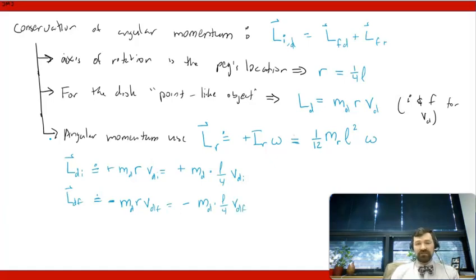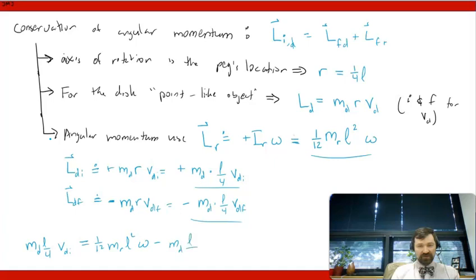Now let's put this equation and this equation together. What we end up with is mass of disk times L/4 times v disk initial is equal to 1/12 of mass of rod length squared of rod omega minus mass of disk L over 4 times v disk final. Now we want to combine like terms as best we can.